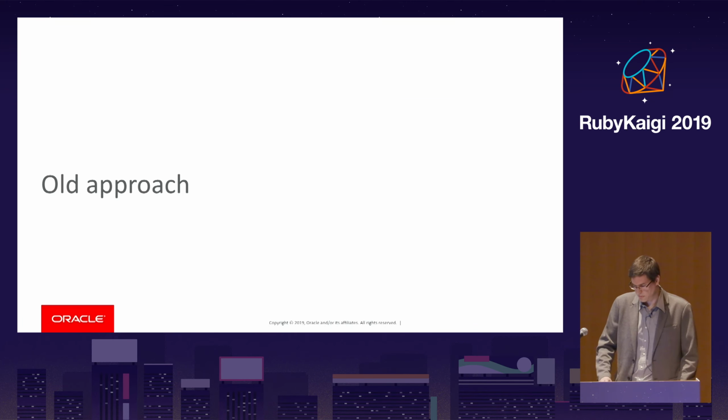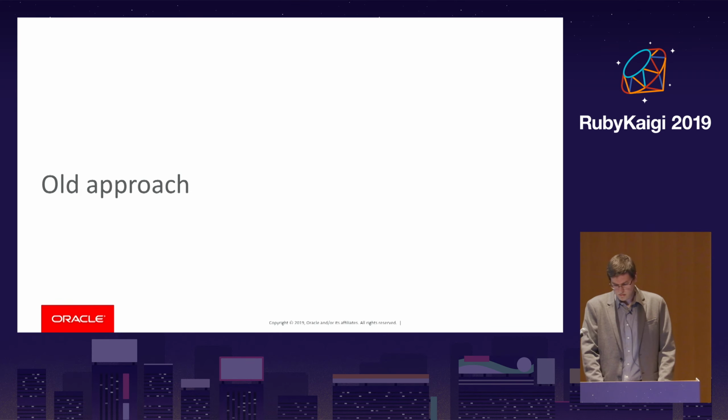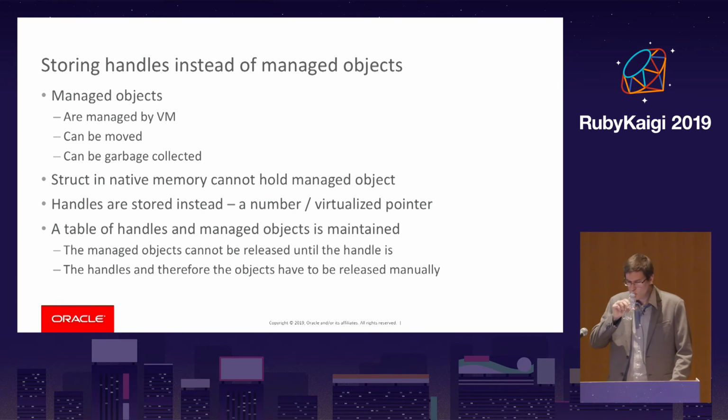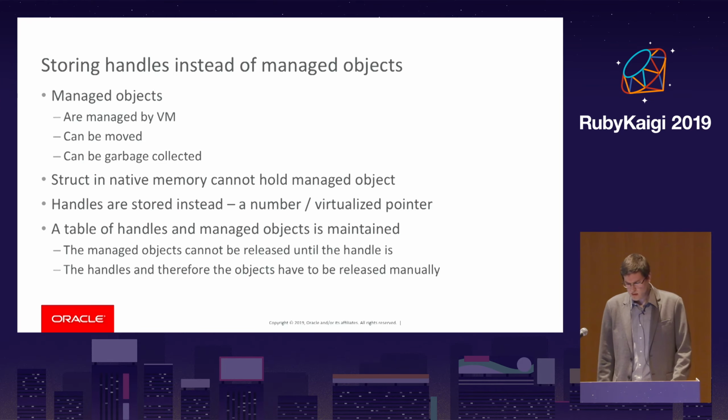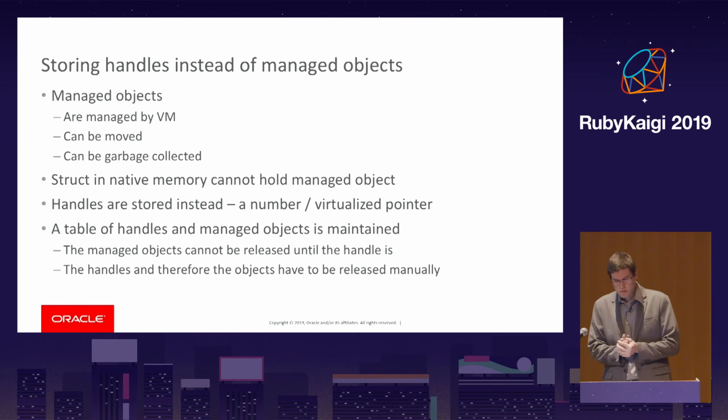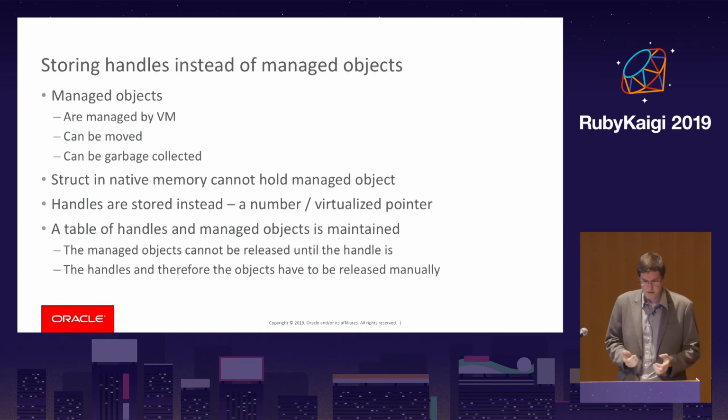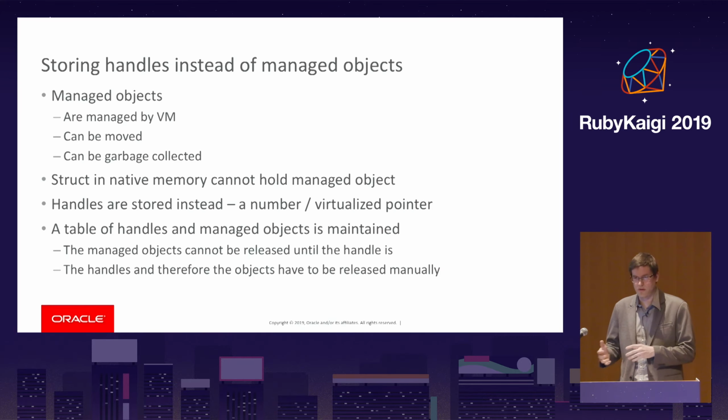So it's a little bit more complicated. Our old approach to this was, I've mentioned before that there is a problem that you cannot just shove a managed object into unmanaged memory. So one of the tricks we did in the past was to create handles for managed objects and store them instead, which is basically just a number.